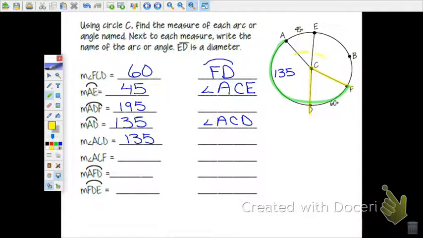We know ACE is 45. How can I find angle ECF? Subtract 60 from 180, which leaves us with 120. Then we add the 45 to get 165.